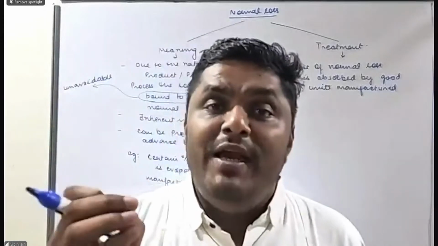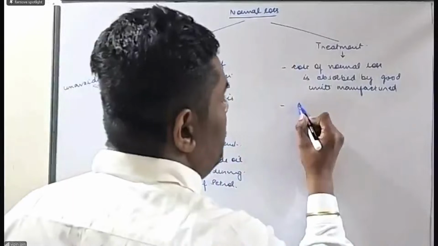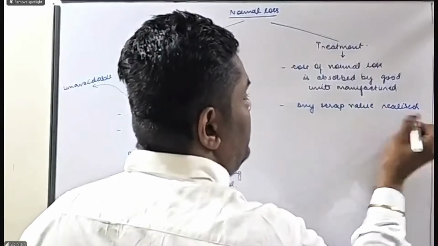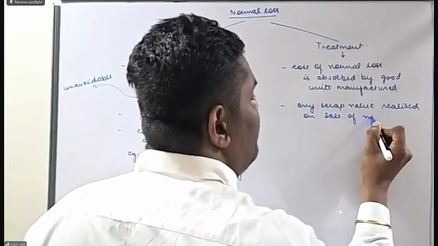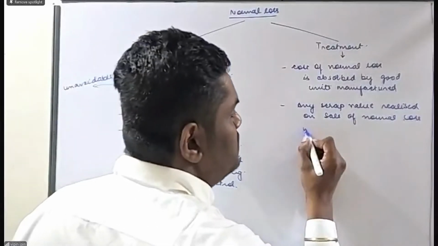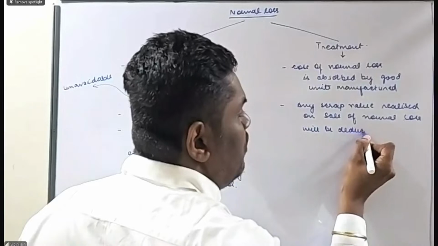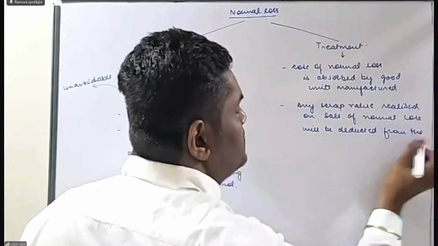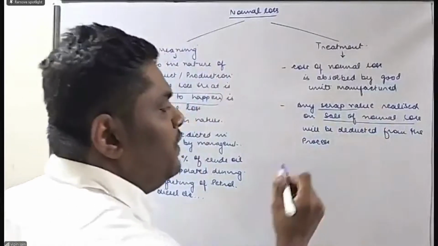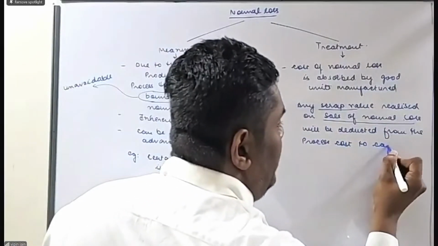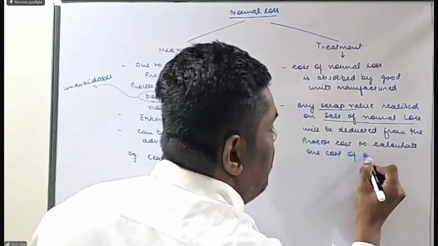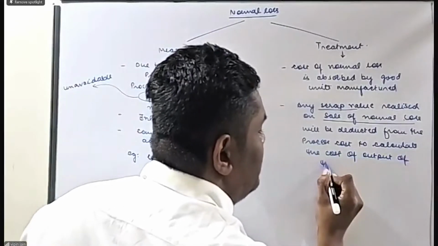Further, any scrap value or any amount realized on sale of normal loss will be deducted from the process cost to calculate the cost of output of that process.